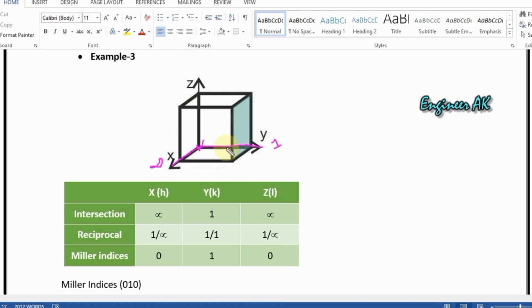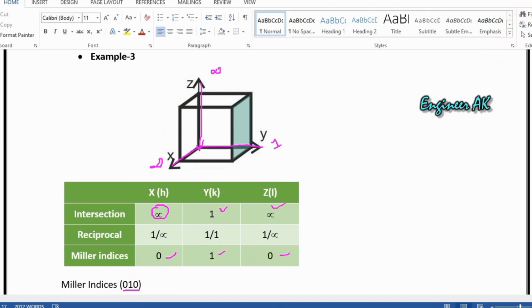So it is cutting the y-axis at 1, and at the z-axis again we have infinity. So at x-axis infinity, at y-axis 1, at z-axis infinity. Now taking the reciprocals, 1 over infinity, 1 over 1, 1 over infinity, so we get 0 1 0. So its Miller indices is 0 1 0.